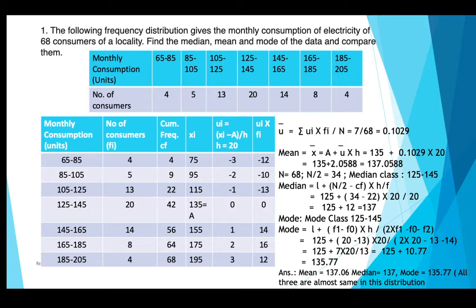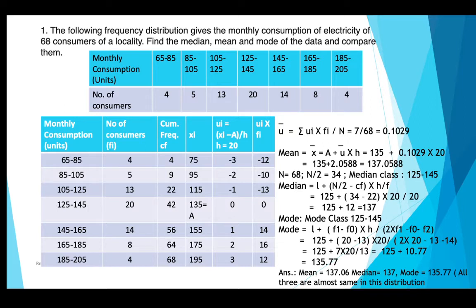Here you are given the number of consumers. First calculate cumulative frequency. How do you calculate that? You put 4 as it is. For the second row, you add this 4 with 5 and put 9 in the cumulative frequency. Then you add 9 with 13, that becomes 22. 22 with 20 becomes 42. 42 plus 14 becomes 56. 56 plus 8 is equal to 64.